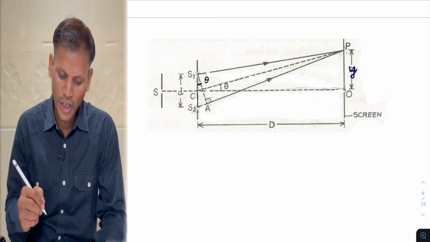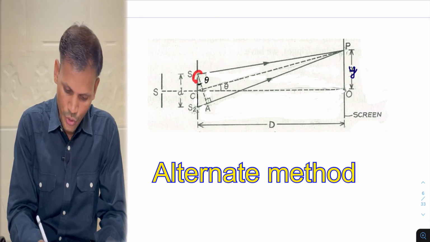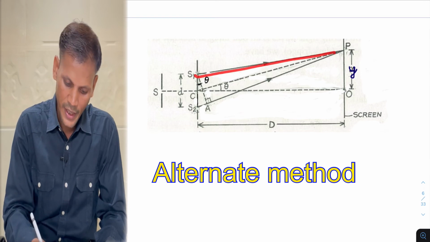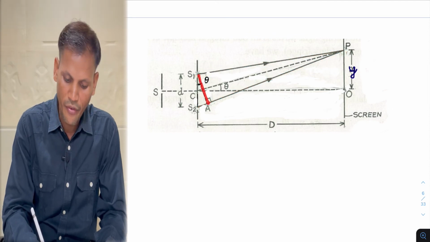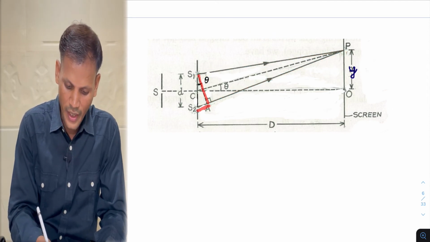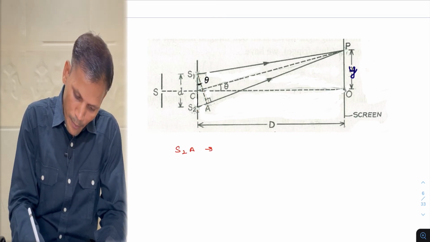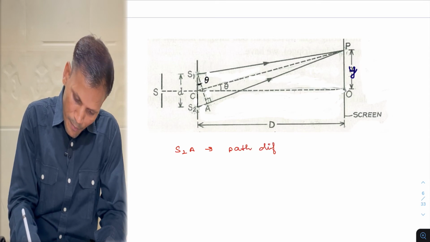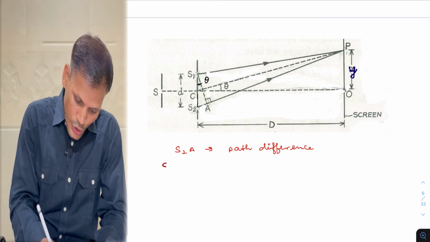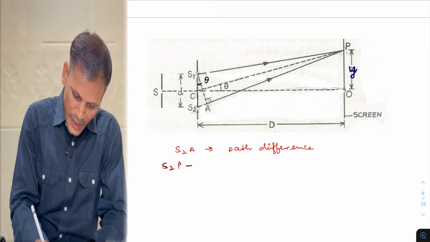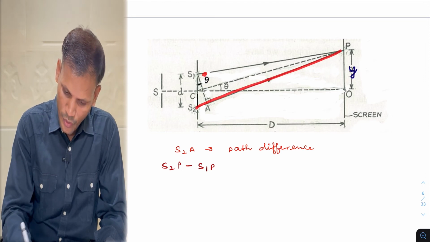So what will be the condition for the formation of fringe width? Already we know that two sources must be there, so here is the source, this is one path and this is another path, and we draw the perpendicular from here, so that is our path difference. Now the path difference is S2A. S2A is the path difference, which is S2P minus S1P, yes, correct.